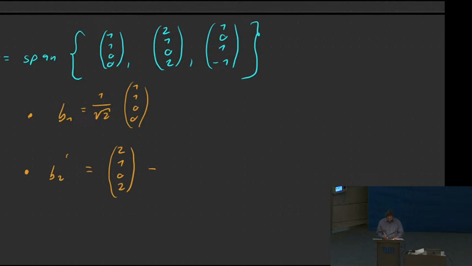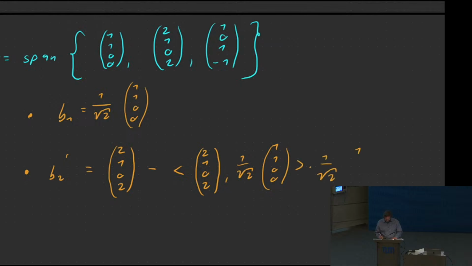Right, and that projection is given by the scalar product of this vector here and my B1, and then multiplied by B1. And remember, we need to use the normalized versions here, right? So this 1 over square root of 2 factor, this is essential. Otherwise, you'll get wrong results.